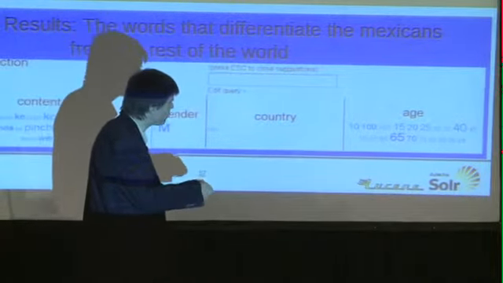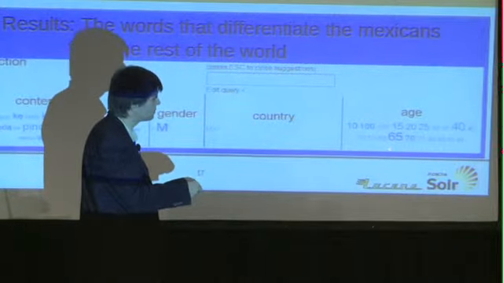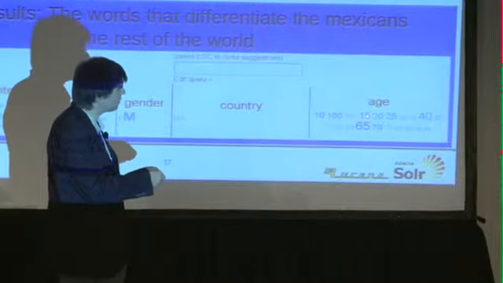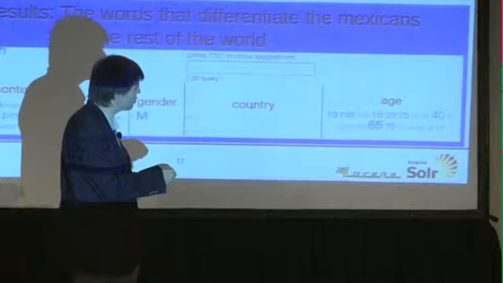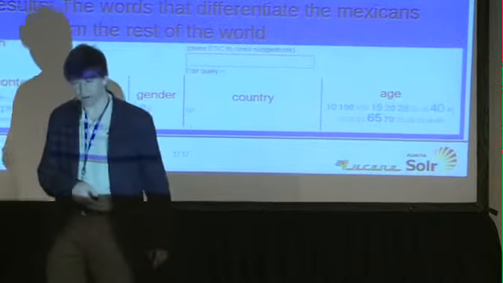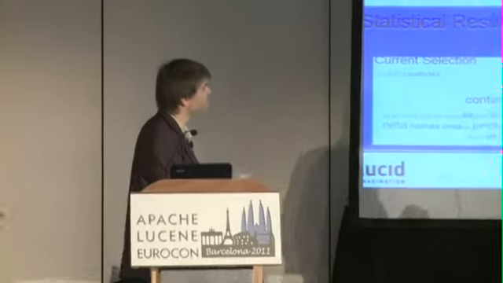But when we compare with the big set, we say, okay, there are a lot of Mexicans of 65 and 70 years old. There's a lot of about 40. And well, 15, 20, 25, there are some. There are many of 10 years old, not a lot of very, very old people very integrated into the new technology. So it's different, yeah, the information I get here is very, very different.